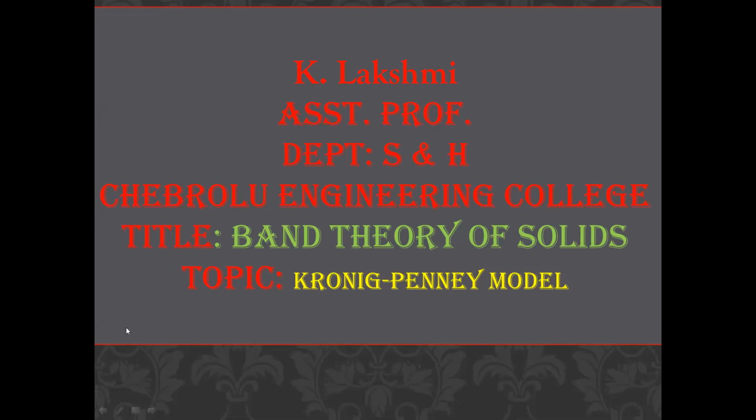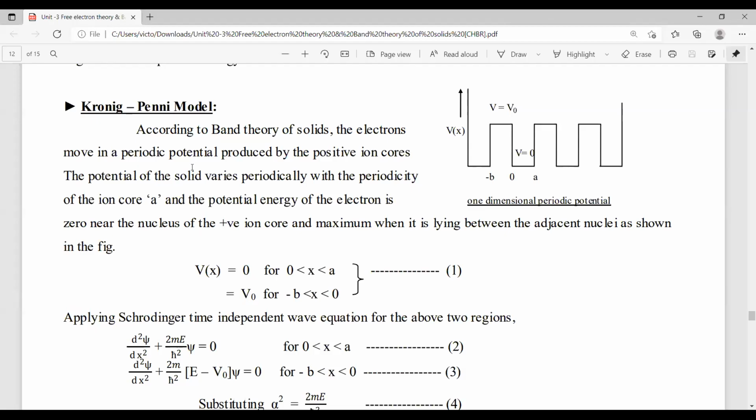In the last session, we discussed the effective mass of the electron. According to Bloch theory, an electron in a metal moves in a periodic potential, so the electron has various velocities.